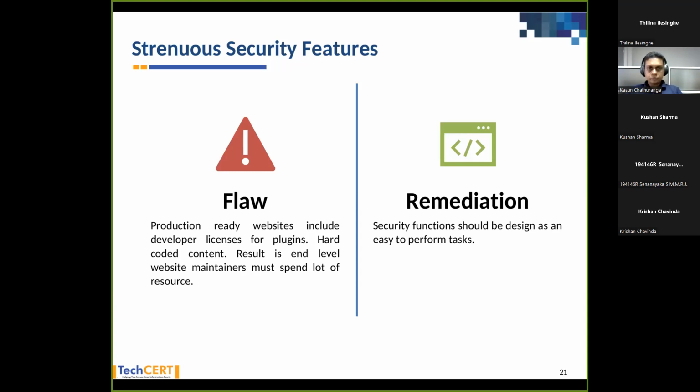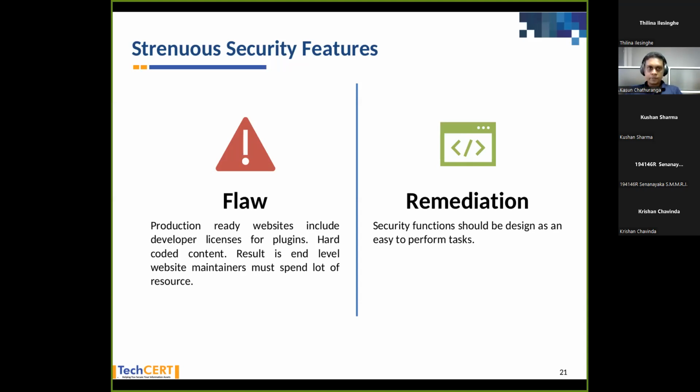But often, adding unnecessary security functions and unnecessary security features may hinder the security state of a website.